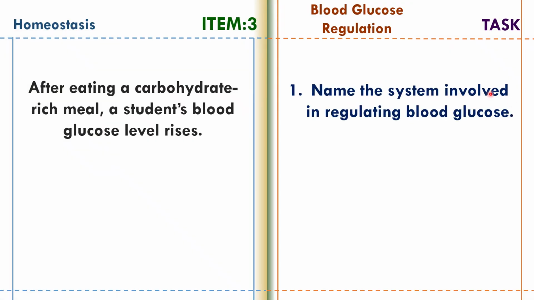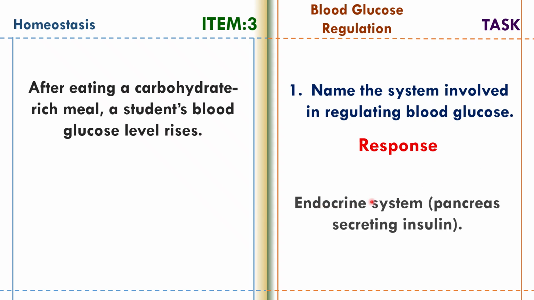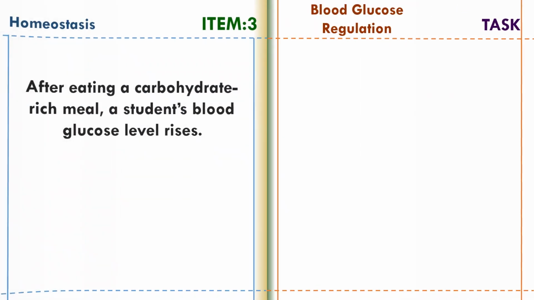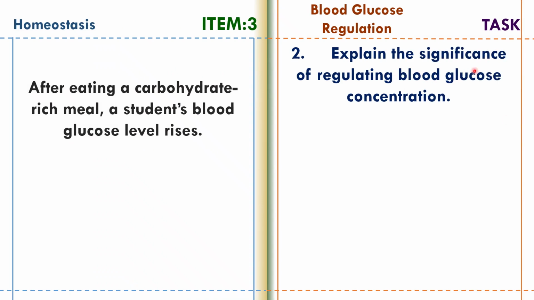Name the system involved in regulating blood glucose. Endocrine system. The pancreas secreting insulin. Explain the significance of regulating blood glucose concentration.